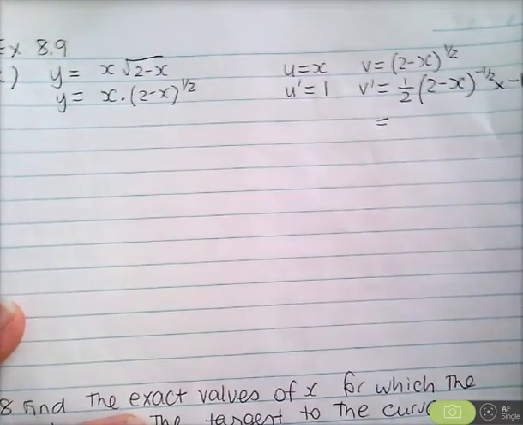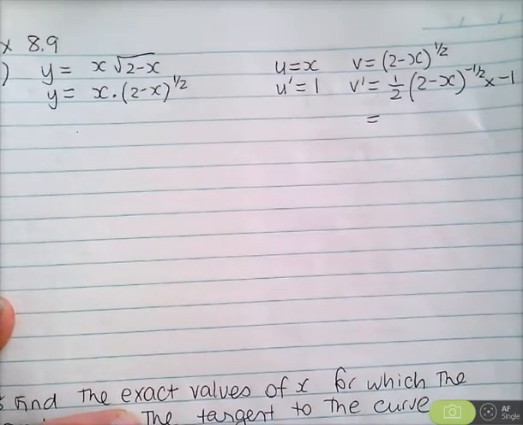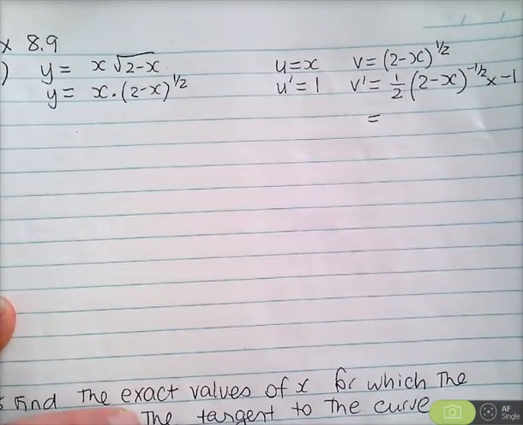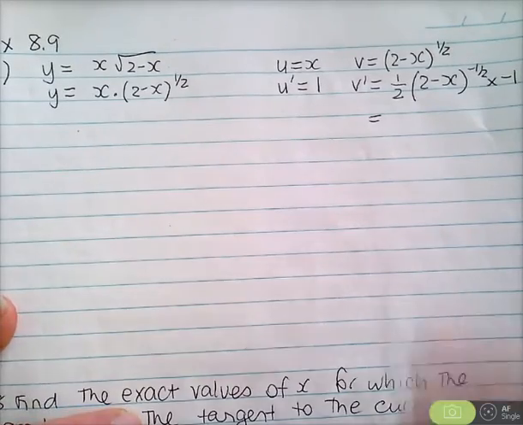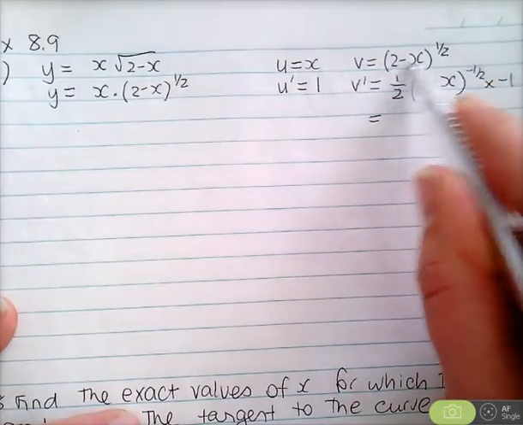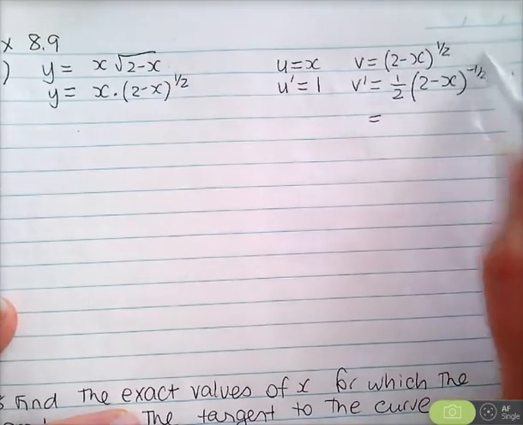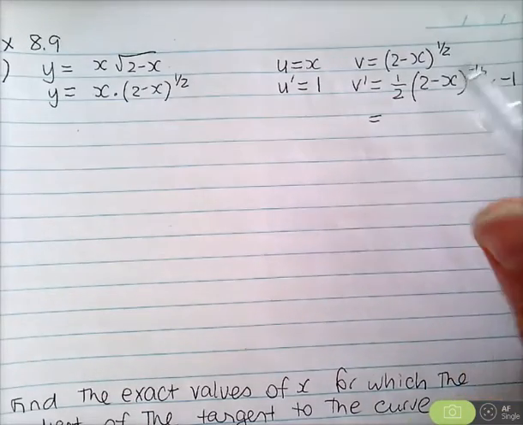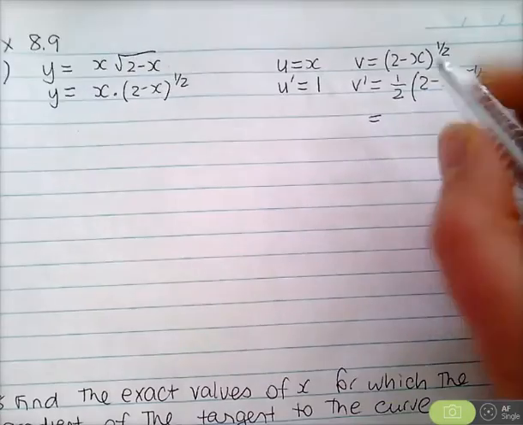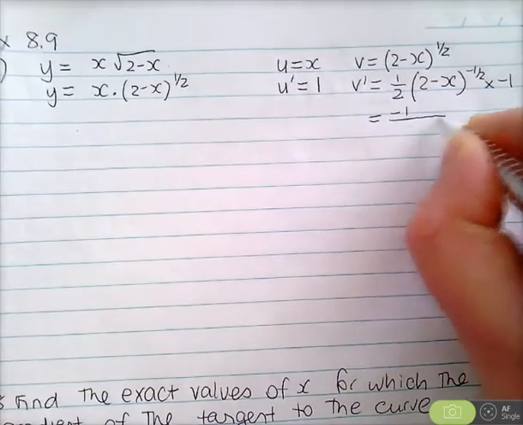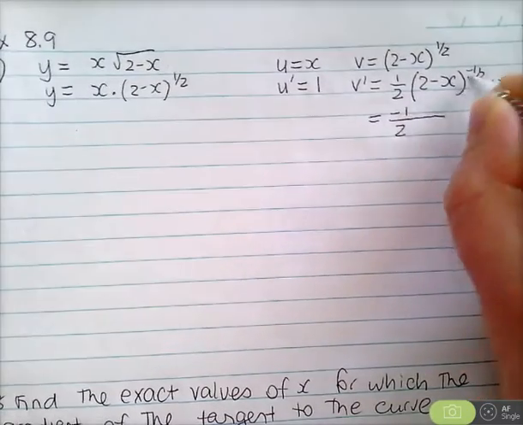Now, times negative 1 because we're differentiating what's inside. A few people may have forgotten to do that. So you bring the half down, write it out, drop the power of a half by 1, but don't forget to differentiate what's inside. So what's a half times negative 1? Negative a half. So the 1's on the top, the 2's on the bottom.